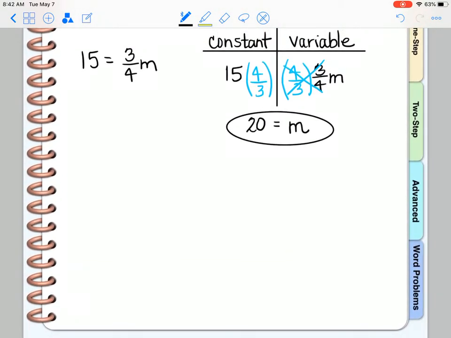Okay, one more on this page I think I can get in here. How about -3/10 x? -3/10 x equals 40.